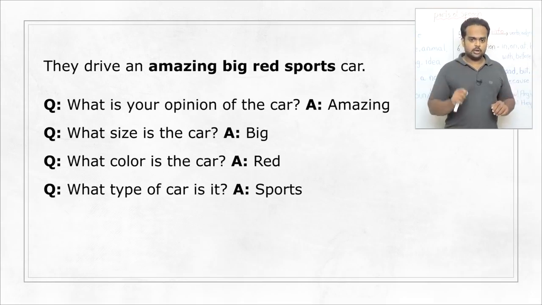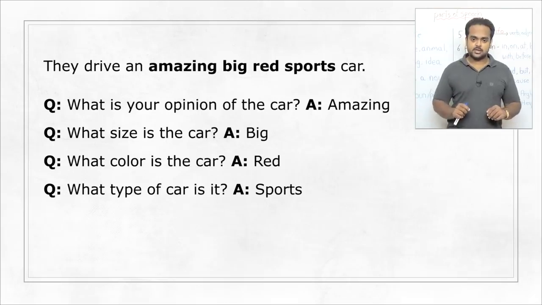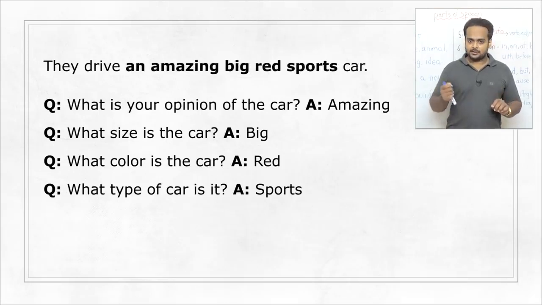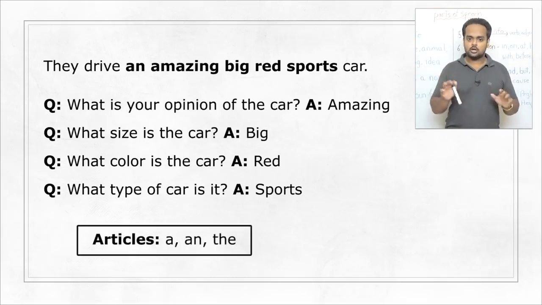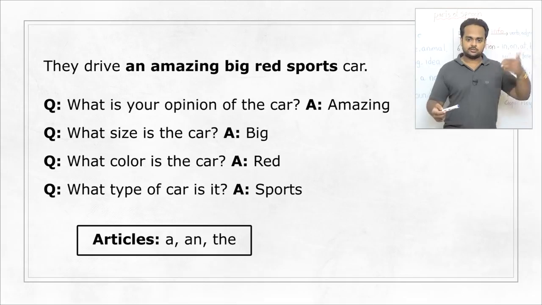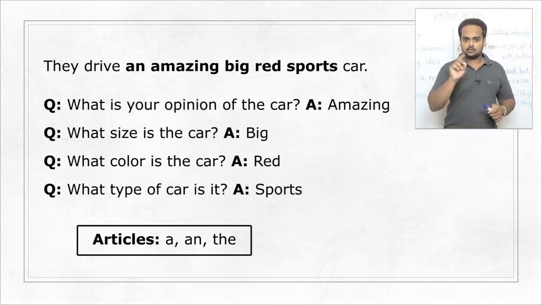Okay, now that's all great. But I don't know if you noticed, there's actually one more adjective in this sentence. And that is the word an. Now the words a, an, and the are called articles in English. And articles are also adjectives because they give us information about the nouns that come after them. In this sentence, for example, we know that they drive one car.